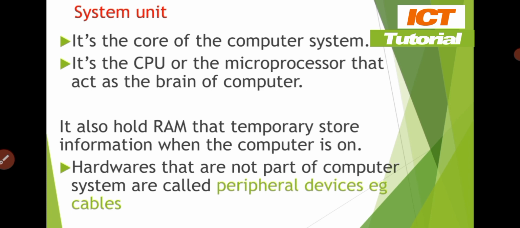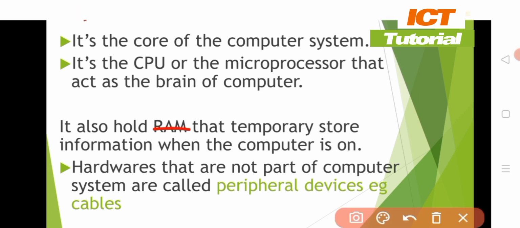Those are connected to the computer by use of cables. Those are called peripheral devices. So remember, you may be told to define the term peripheral device. They are hardware devices that are not part of the computer, but they are connected to the computer by the use of cables. Those are the peripheral devices.